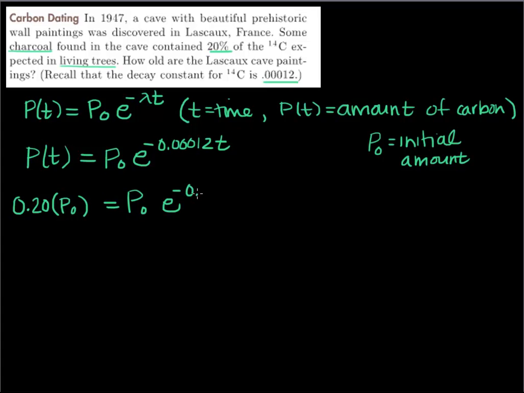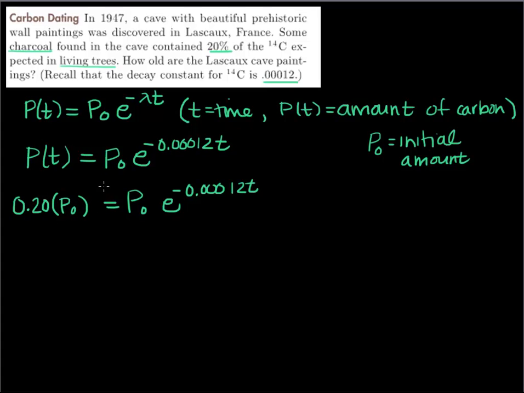Remember, of in mathematics usually implies multiplication. So if I want 20% of the original, I would take 20%, which is 0.2, times the original amount of carbon. And look at what we're asking for here. We're asking at what time does the amount of carbon equal 20% of the original?